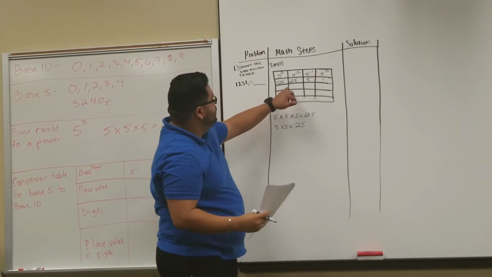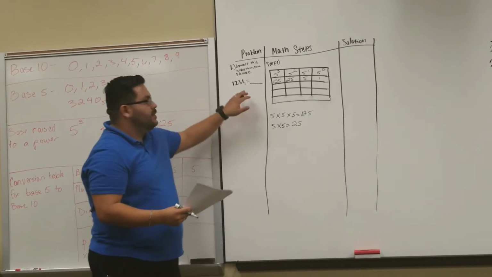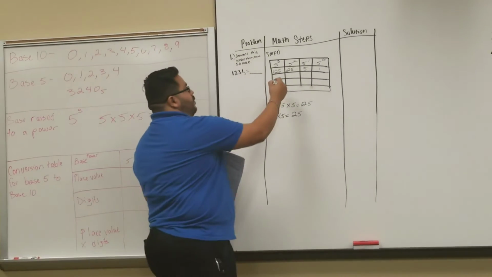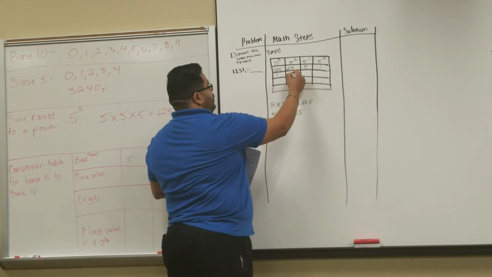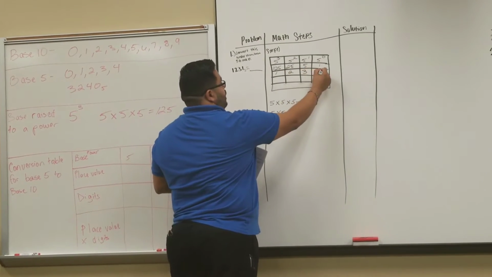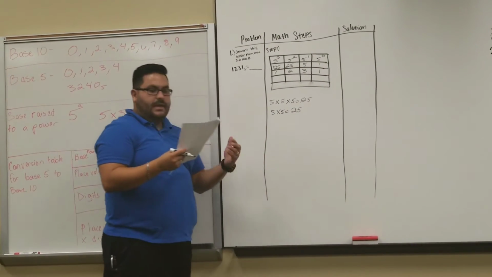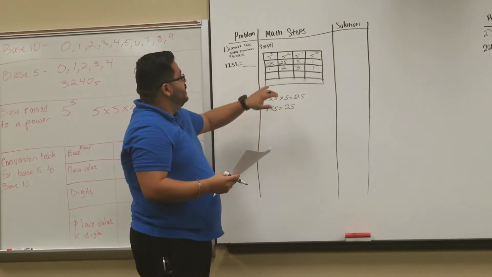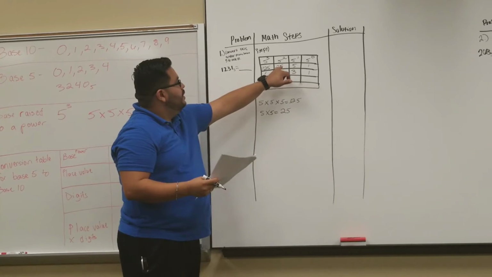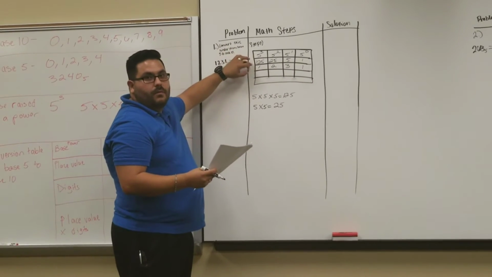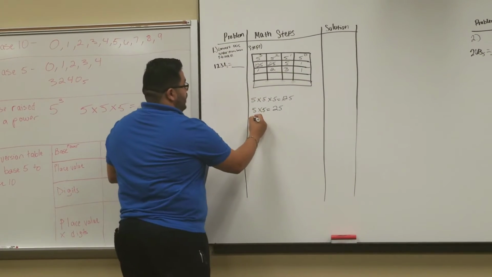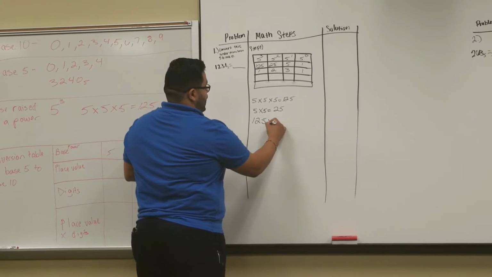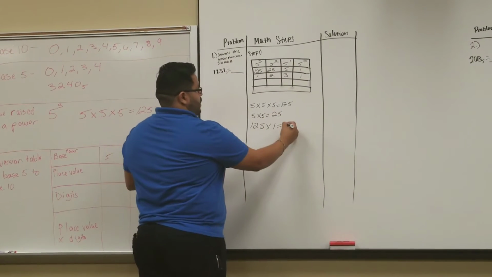Now when we get to this row, this is where we're going to write in the digits of the actual number that we have. So we're going to write in 1, 2, 3, and 1. And here's where we get to our math, to actually convert it. What we're going to do next is multiply row 2 with row 3. So we're going to have 125 times 1, which gives us 125.